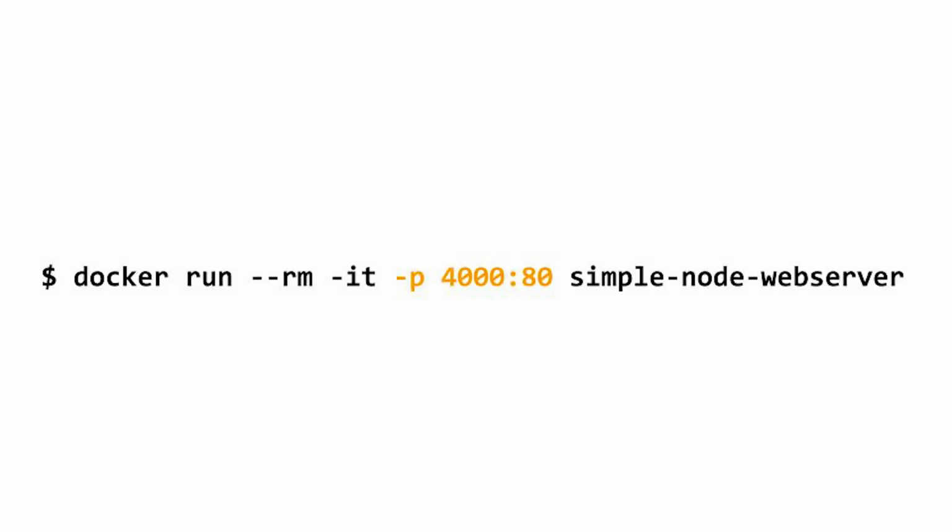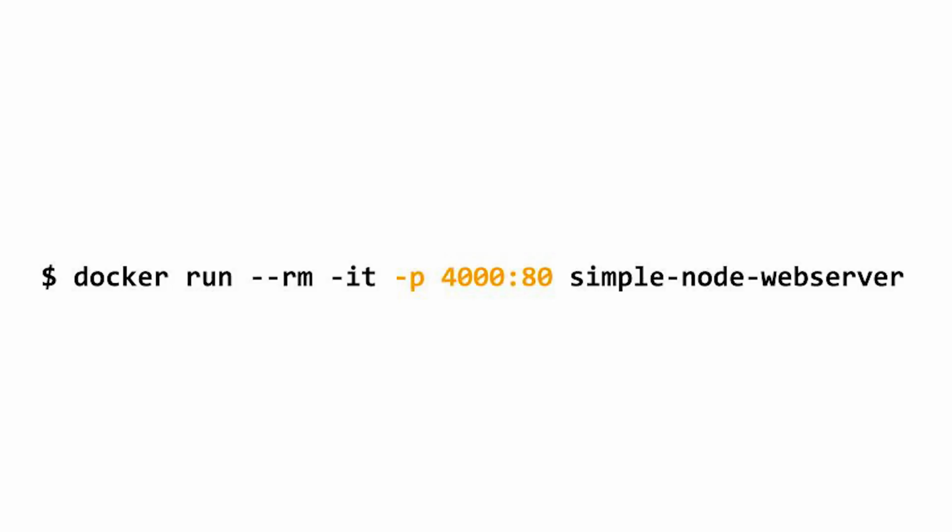And the same thing again, we can run it. Now there's a couple of things to notice about how we're going to run this. First of all, I'm using the --rm. But notice this here, -p 4000:80. What this is saying is port 80 in our program, in our web server, gets mapped to port 4000 on my Raspberry Pi.